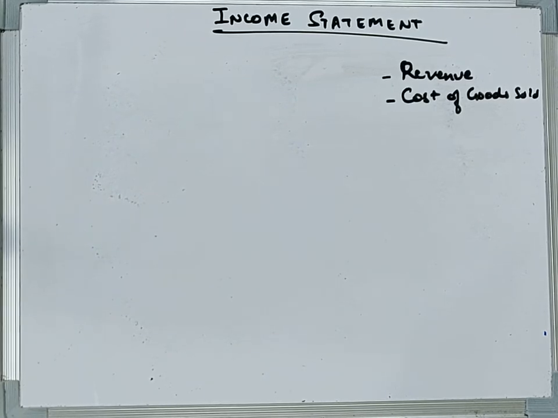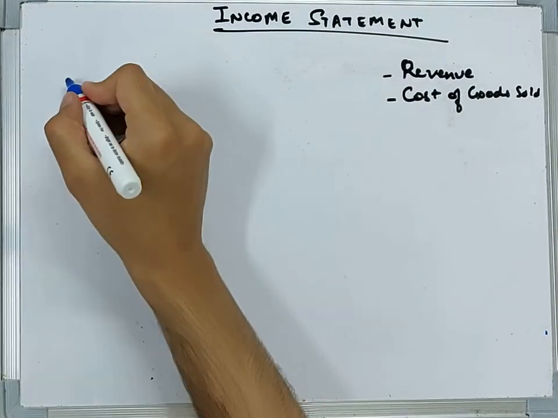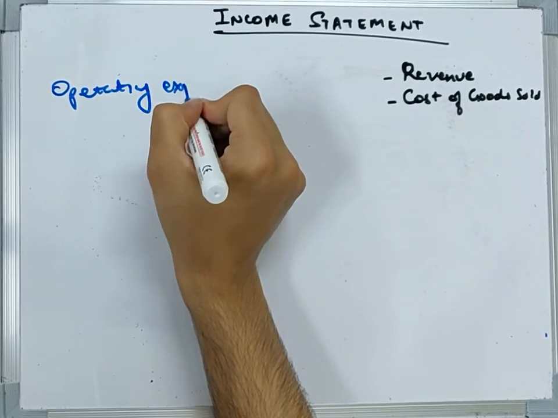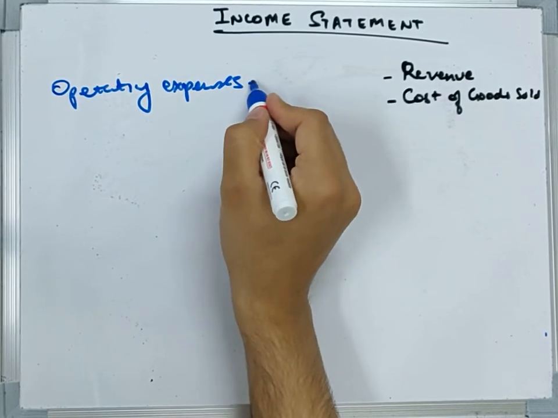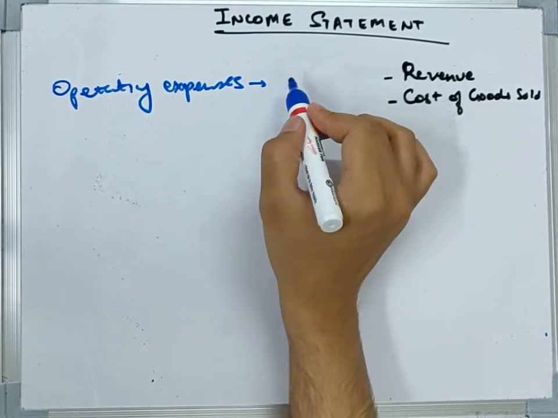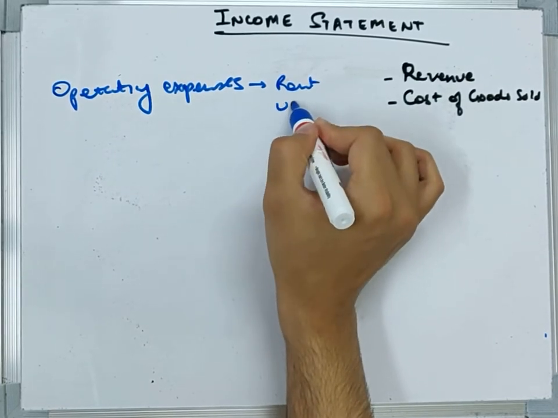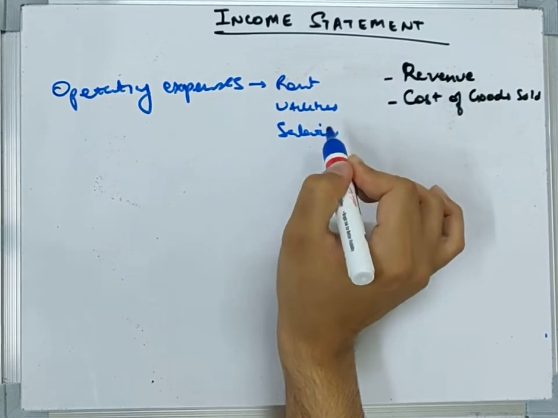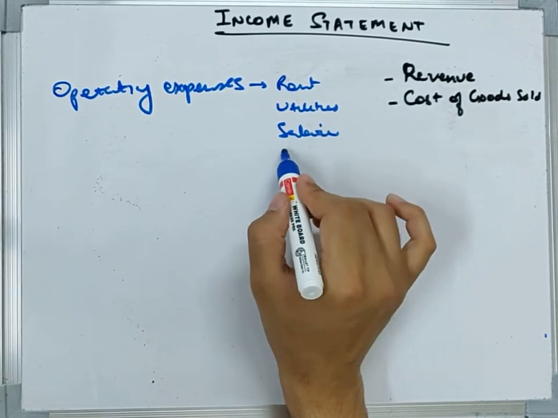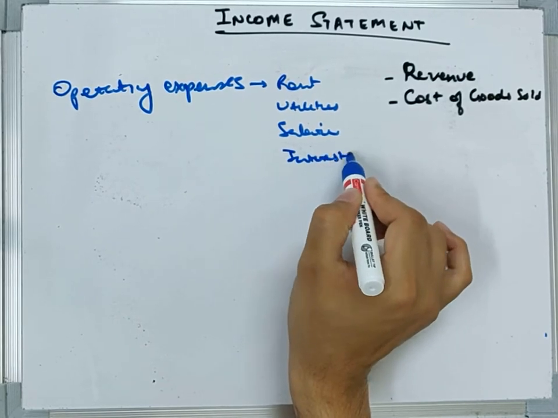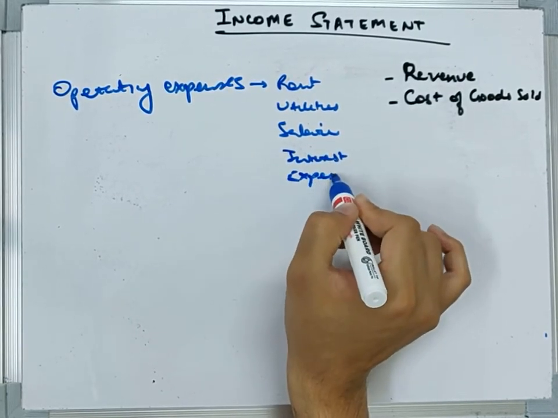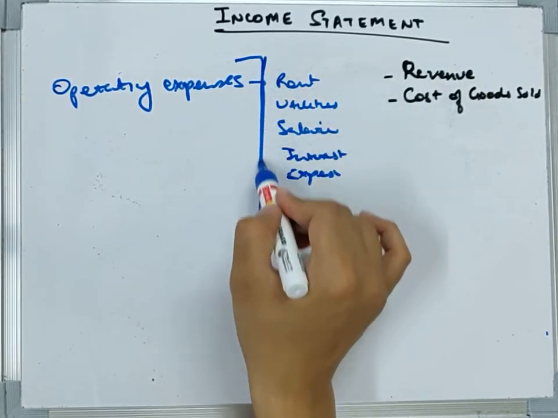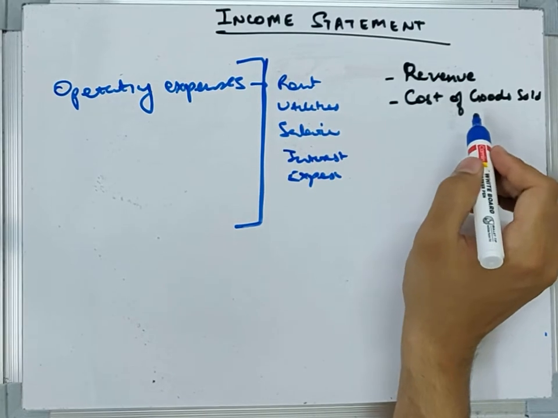Now all of the operating expenses would include rent, utilities, salaries, interest expense, etc. Now a business has to incur these expenses as well, and it's not limited to cost of goods sold.